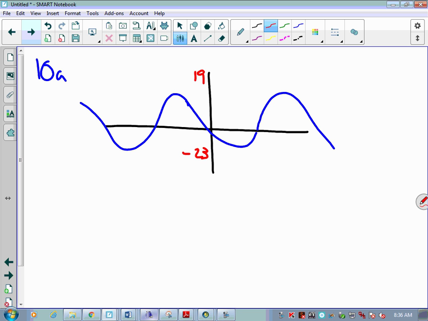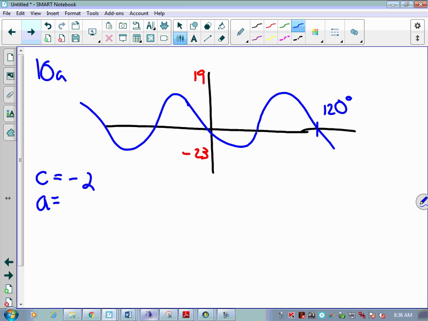We notice here that it cuts through at 120 degrees. All right, so let's start here with our center line. What's the center line between 19 and negative 23? Negative 2.